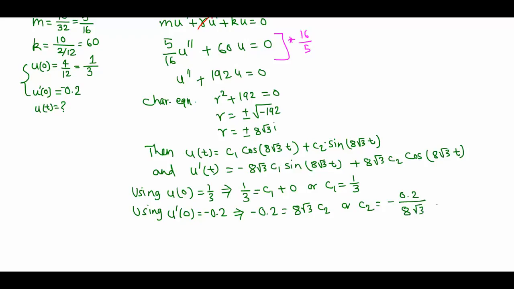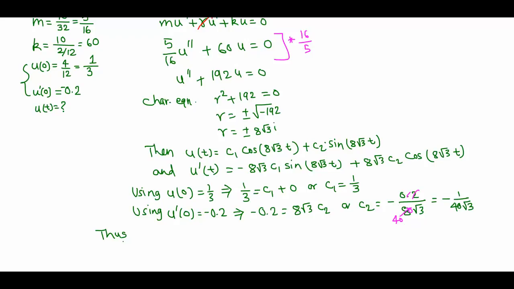We can simplify this. This is the same as negative decimal 2. If we remove the decimal, it becomes 80. 2 goes 40 times, so it is negative 1/(40√3).